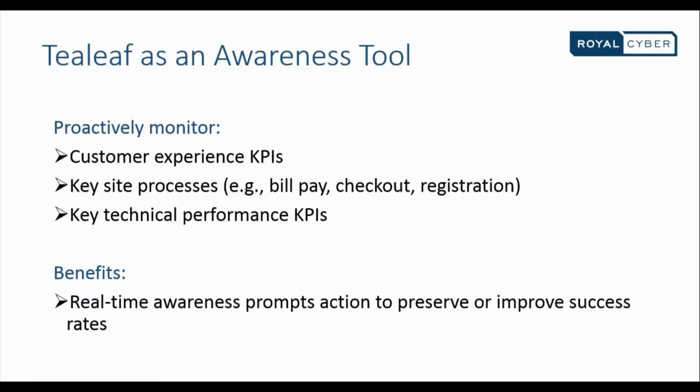It is used to provide awareness of your online customer experience by proactively monitoring key performance indicators, such as customer experience KPIs, key site processes like bill payment, checkout, or registrations, and key technical performance indicators, and the real-time awareness prompts action to preserve or improve success rates.